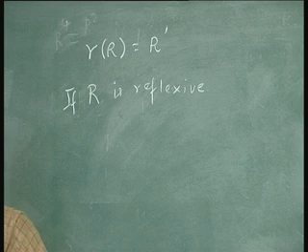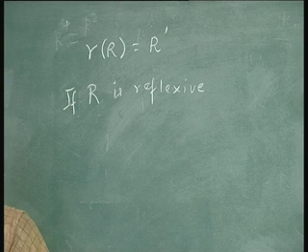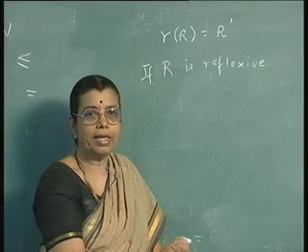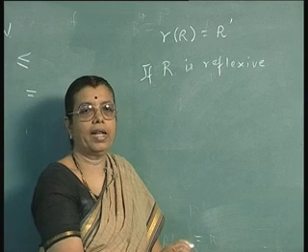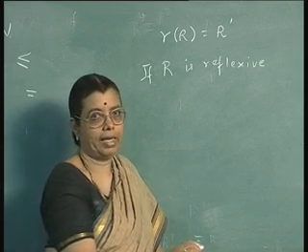What is the reflexive closure? It is the smallest reflexive relation containing R. If R itself is reflexive, then it contains R, and any other reflexive relation will contain this. All the three conditions are satisfied.